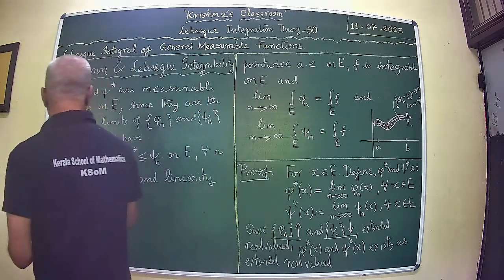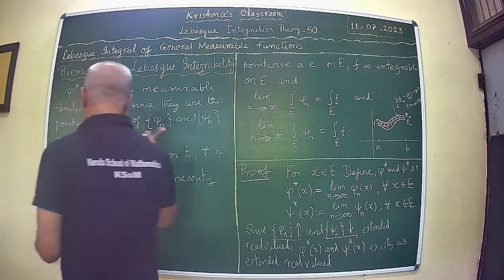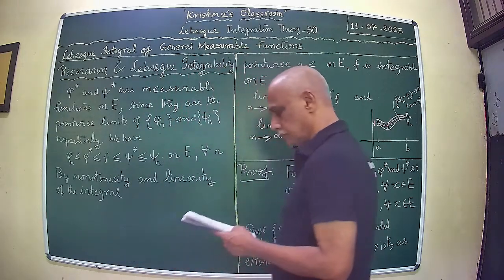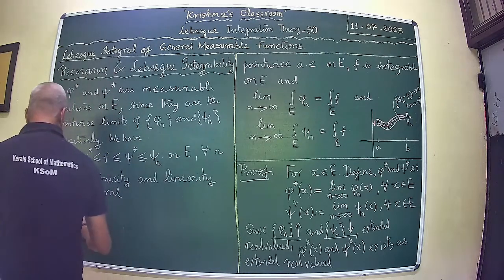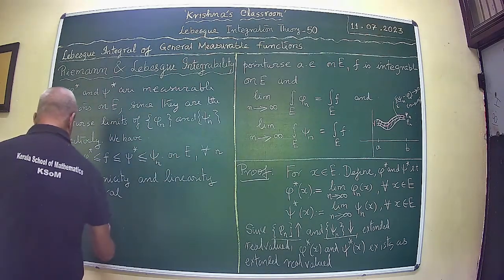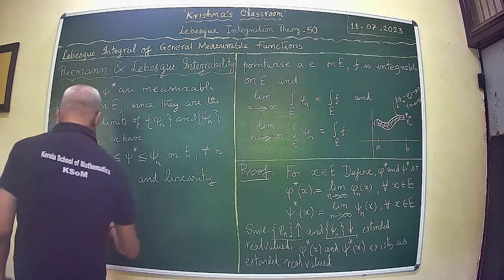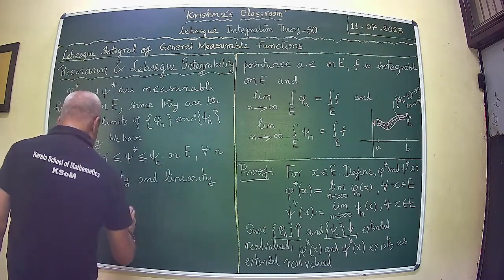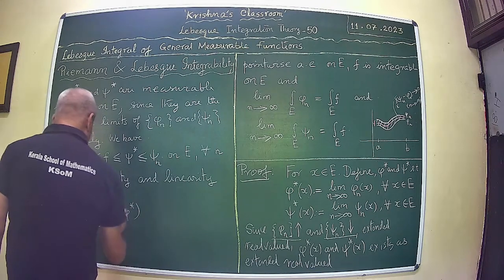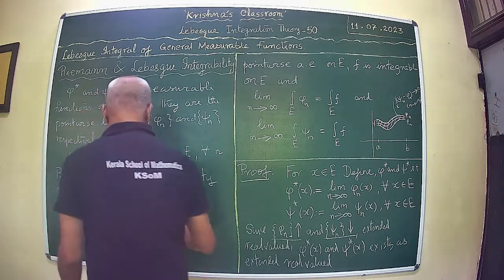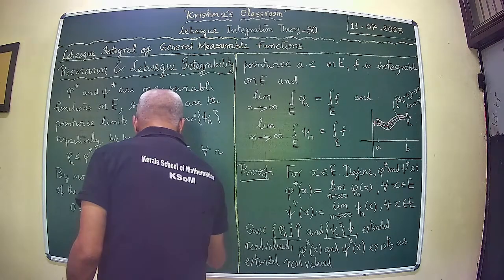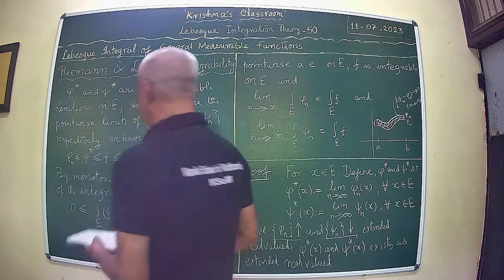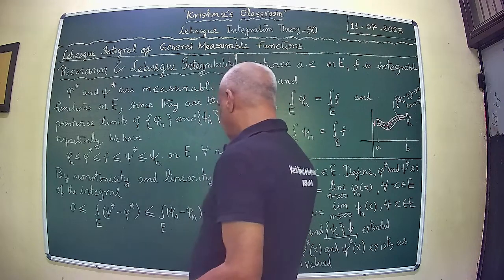Psi star minus phi star is also integrable. So what you have is this: 0 less than or equal to integral over E phi n. And this is true for every n.